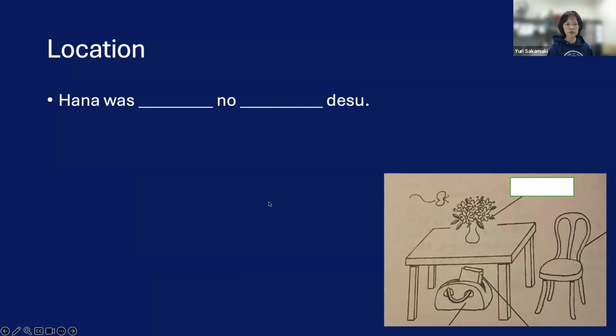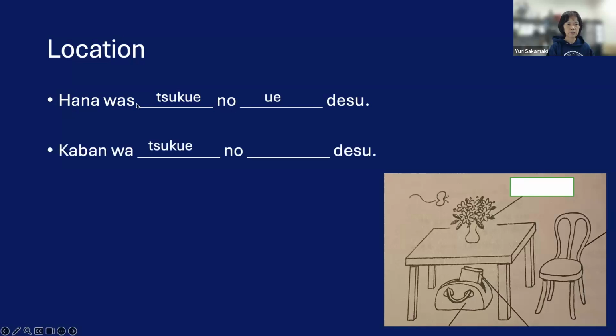So what you're going to do is you're going to say the reference first. Okay, it's tsukue, and then you are going to connect tsukue with the location word by using no. So it's going to look like this.